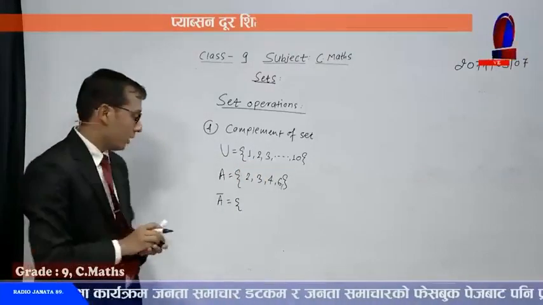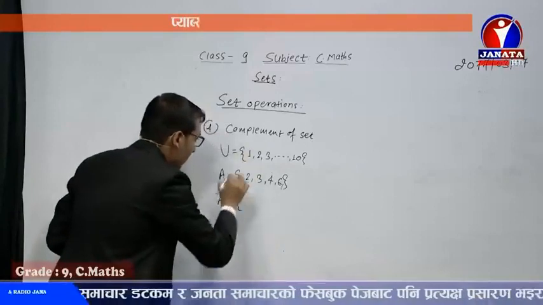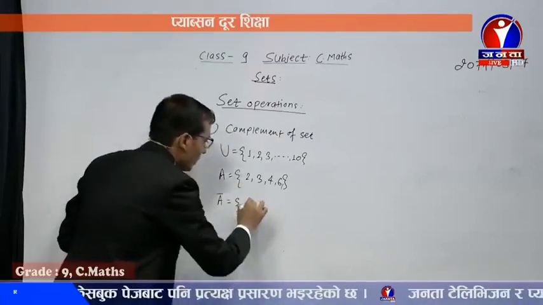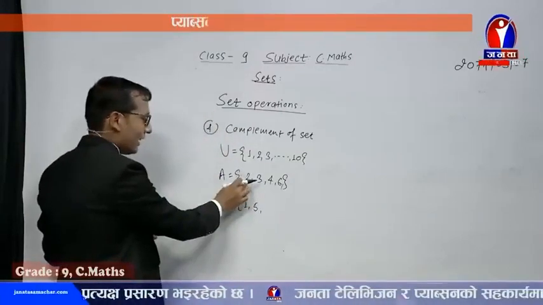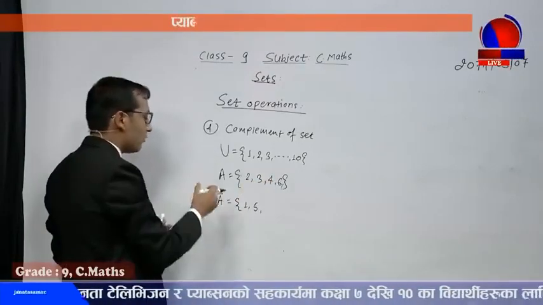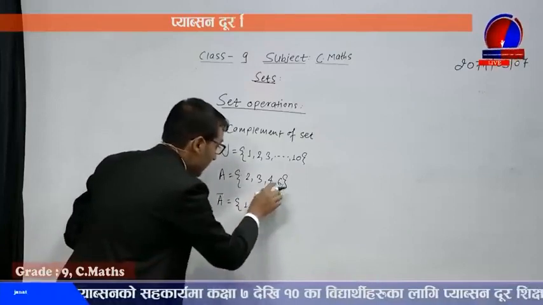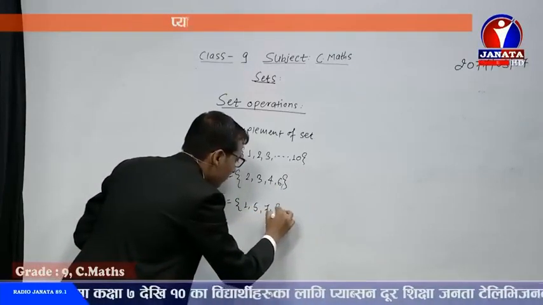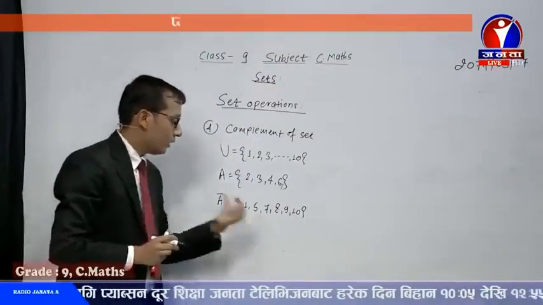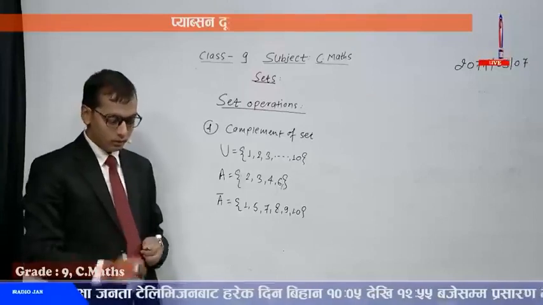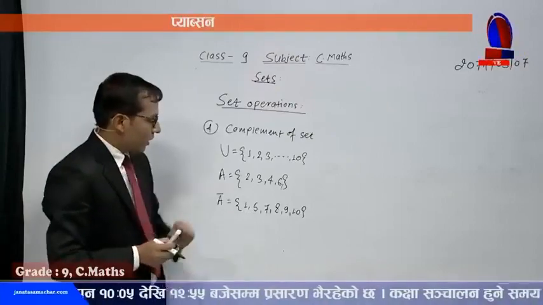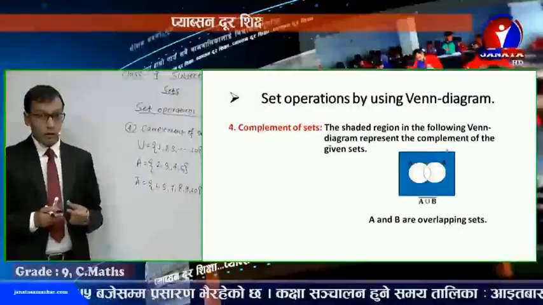These are the complement of set A. So 1, then 5, because 2 is in set A, 3 is also here, 4 is here, so we don't write them. 5 is not in set A, so we can write it under complement. 6 is also in A, then 7, 8, 9 and 10. So these are the elements of complement of set A.